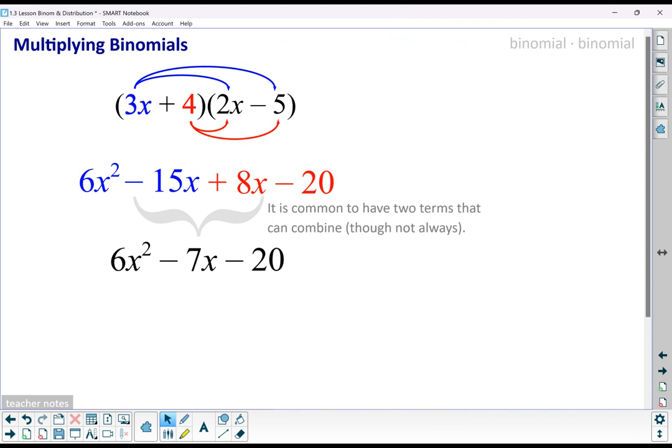So when we combine that negative 15x with the 8x, we get a negative 7x. The 6x squared stays in our answer and the negative 20 stays in our answer. There's not a like term for those to combine with. Just those two middle terms will combine. So then our final answer would be 6x squared minus 7x minus 20.